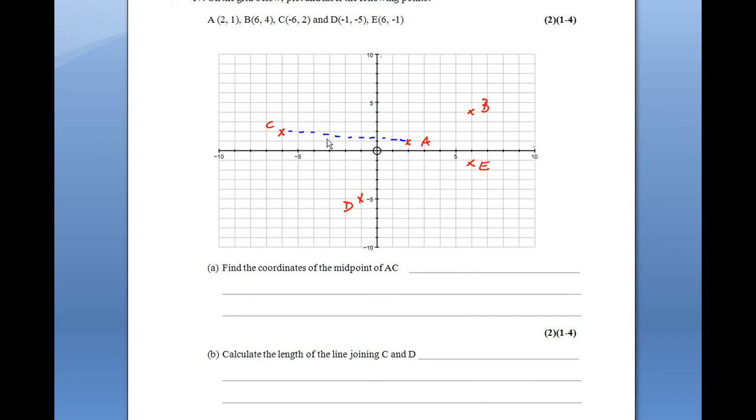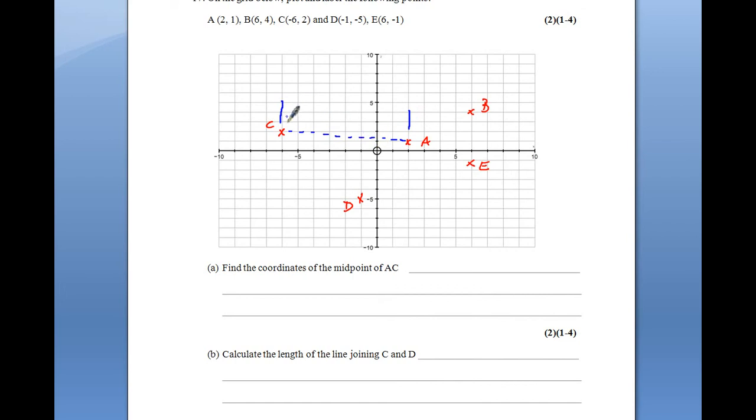So now on to question 17. I've plotted the coordinate points, and now here I need to find the coordinates of the midpoint. Well, look carefully at your sketch. Work with your sketch. I'm looking at point A and point C. The midpoint is the point exactly in the middle.